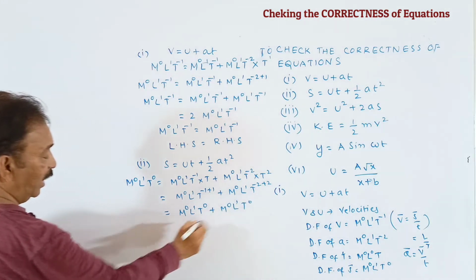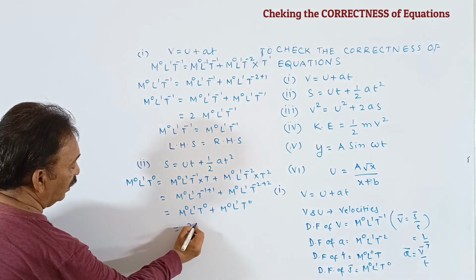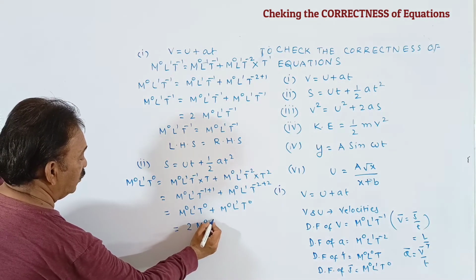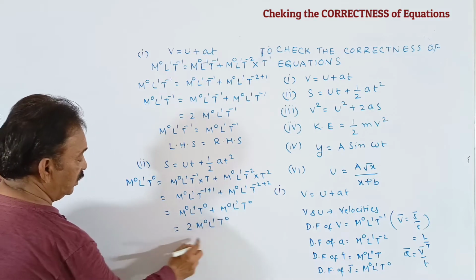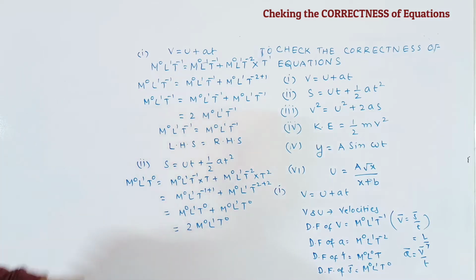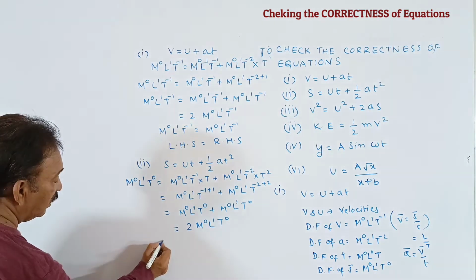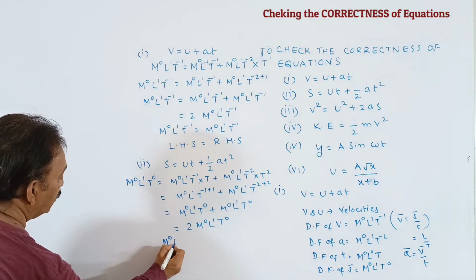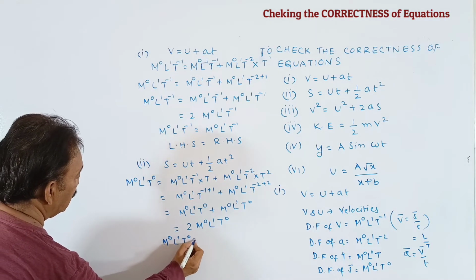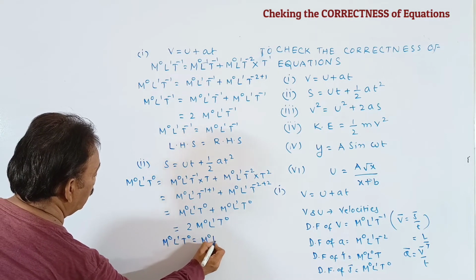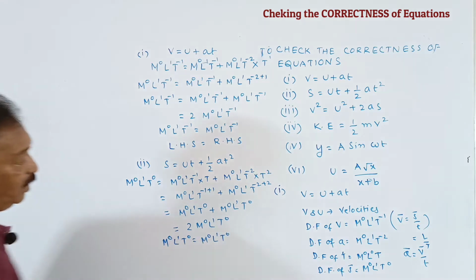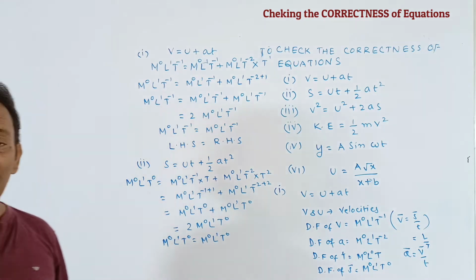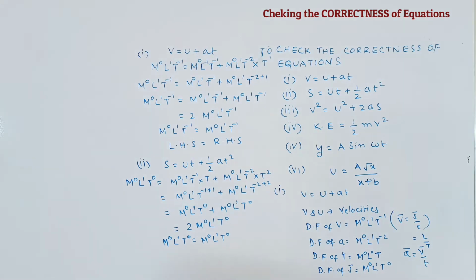Where you add, we did the same: it is 2 of M0 L1 T0. Numbers don't have any meaning in dimensional analysis. Then you can write M0 L1 T0 is equal to M0 L1 T0. Dimensionally, it is a correct equation, students. Let's see the third one. The same thing could happen with that, V square.